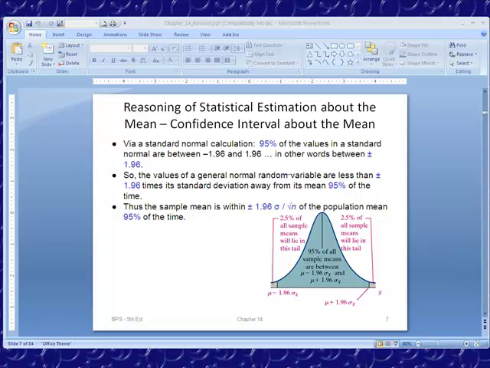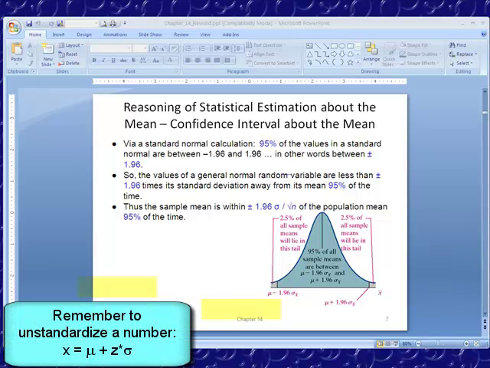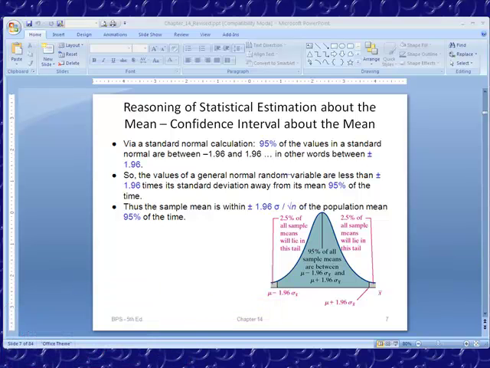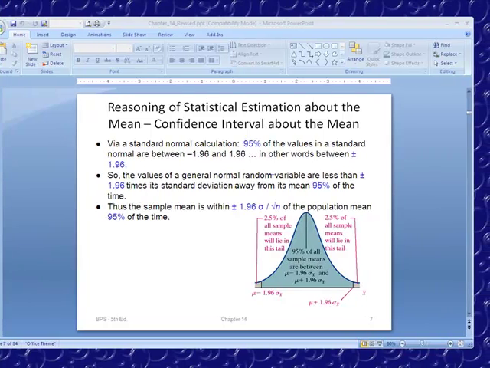In the sampling distribution, we could actually find out what those numbers are by taking the mean minus and plus this product, 1.96 times the standard error. And this is going to be the basis of making a confidence interval.